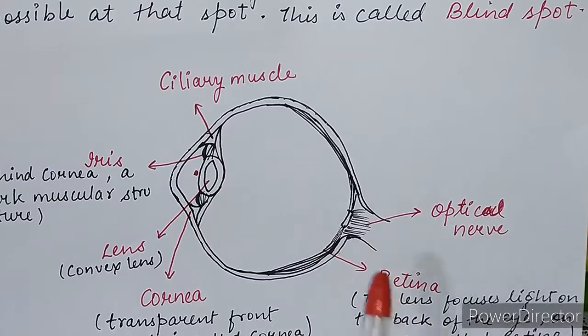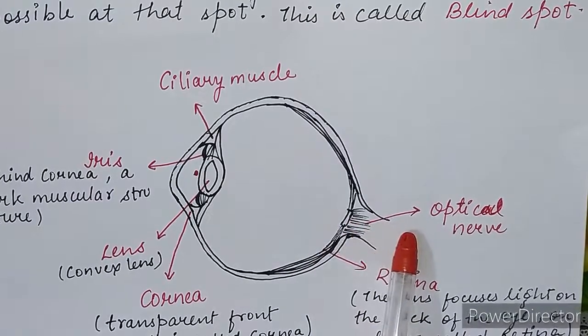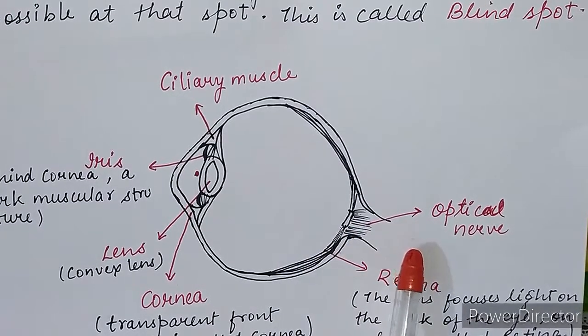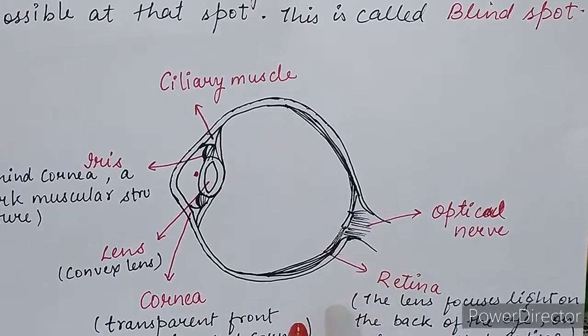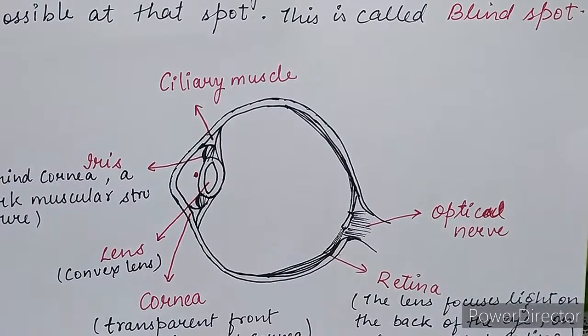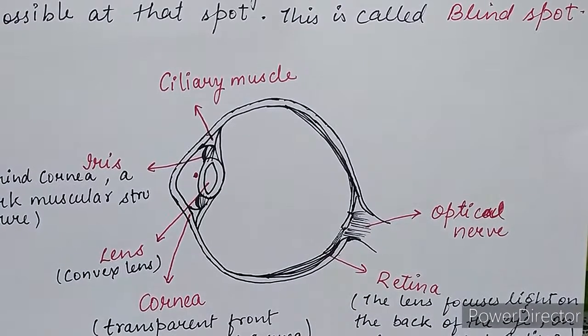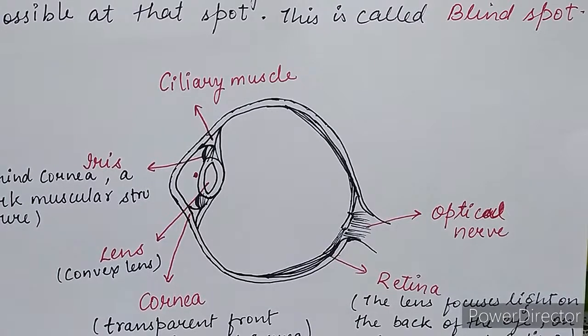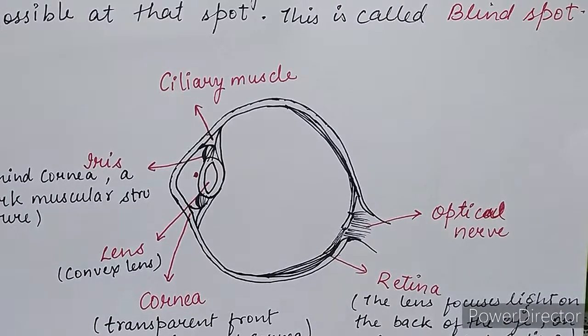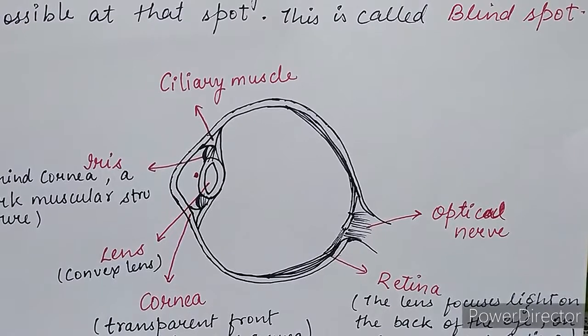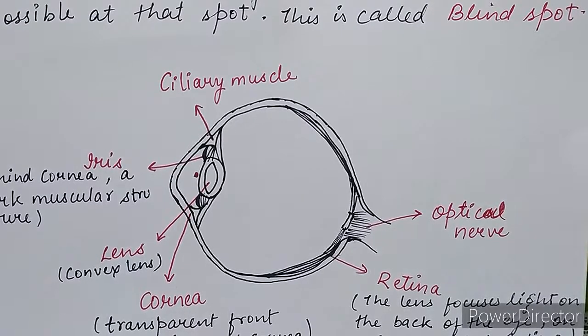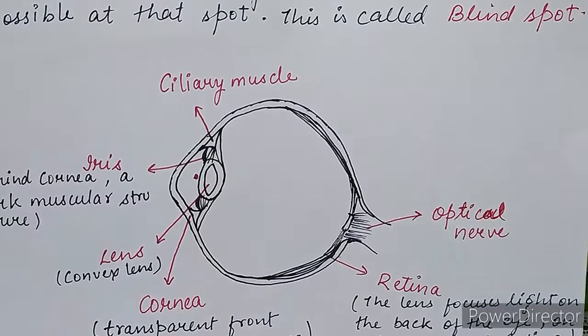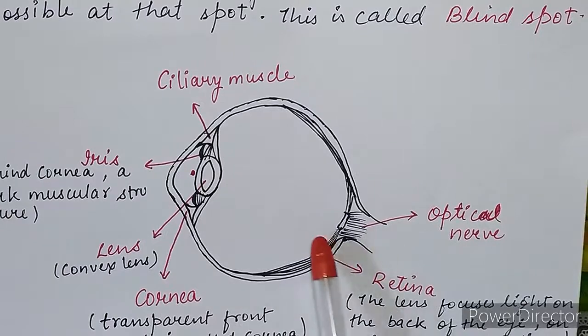The optic nerve is not able to send any message to our brain because when the image falls at the point where no sensory cells are present, there is no vision. So this is all about the blind spot.